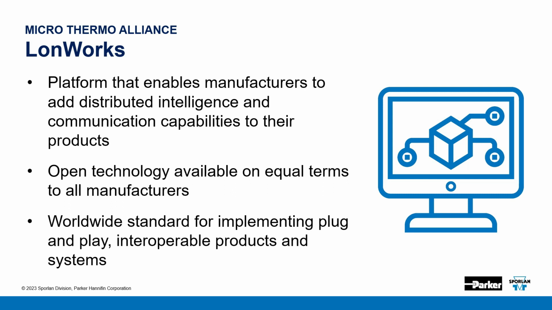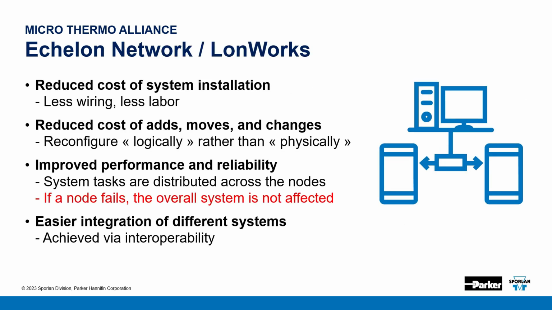I mentioned the back-of-rack leak detector, but it could be a VFD, it could be a chiller skid, it could be a rooftop HVAC system. As long as it has an Echelon chip, we can integrate it directly into Microthermo Alliance.